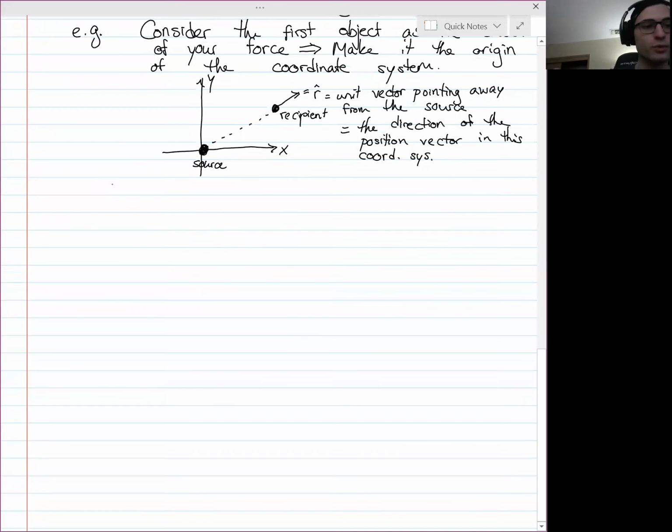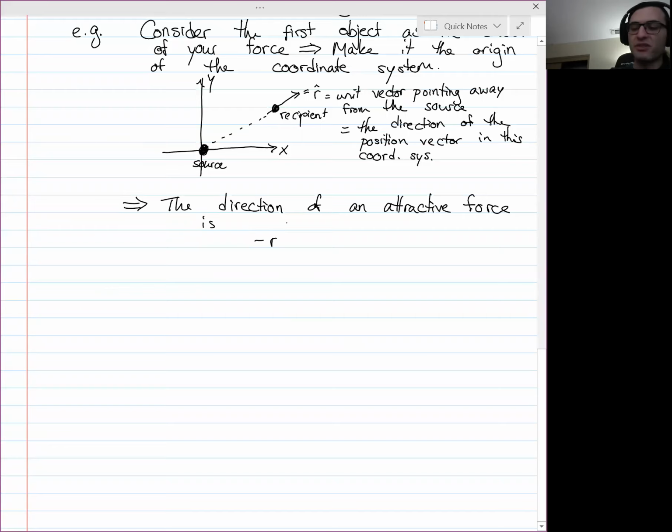So then what direction is toward the attracting object? We expect gravity to point that way, right? For the force on the recipient. So that means that the direction of an attractive force, any attractive force in fact, is the vector negative r hat.